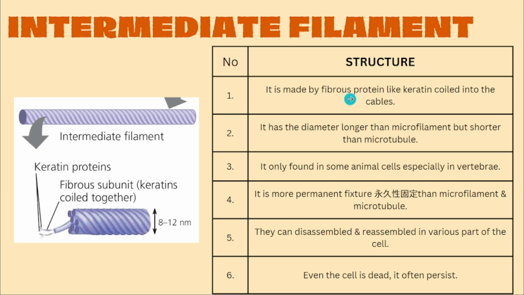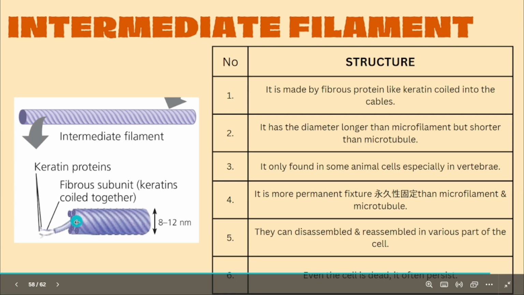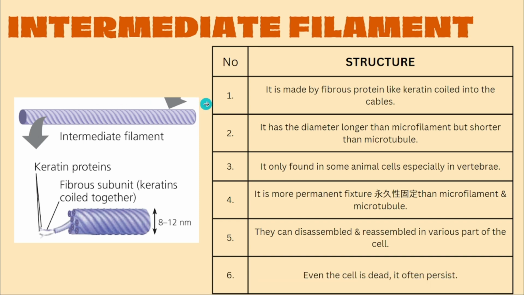You learned this in chapter 1. Fibrous protein contains many secondary structures, normally a helical coil or beta sheet structure, so normally it's coiled together. That is why, although it looks like a tube, in detail they are actually coiled together to form the filament structure like that.